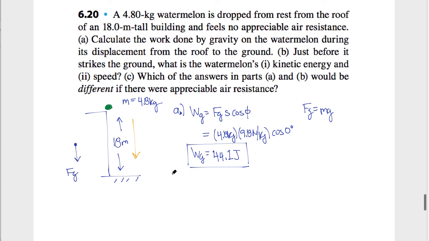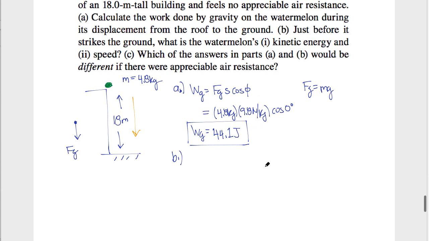Now, B asks us, just before it strikes the ground, what is the watermelon's kinetic energy? So, from the work kinetic energy theorem, I know that the work is going to be equal to the change in kinetic energy, or in this case, K2 minus K1. And I know that K2 will be 1/2 mv2 squared, and K1 will be 1/2 mv1 squared. Now, since I start at rest, v1 is equal to 0, so this whole term is 0.